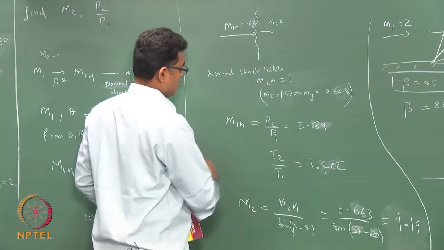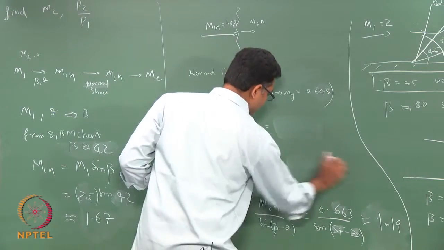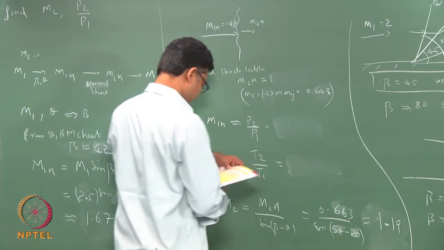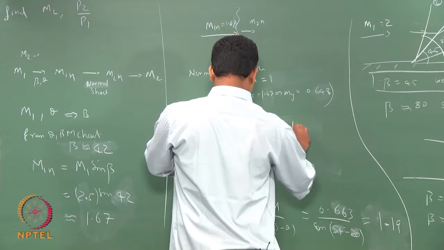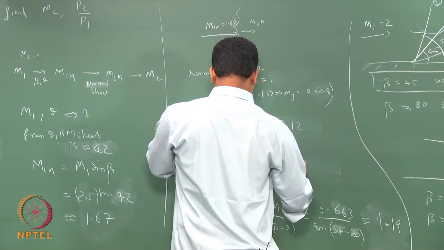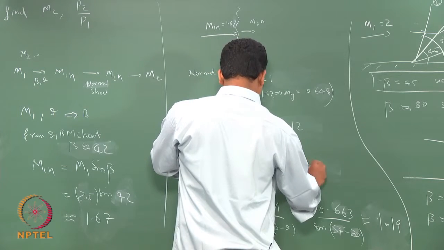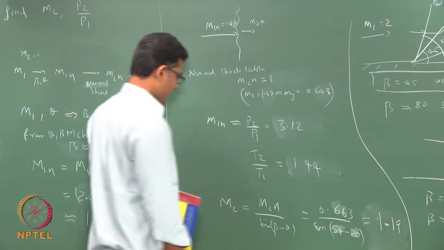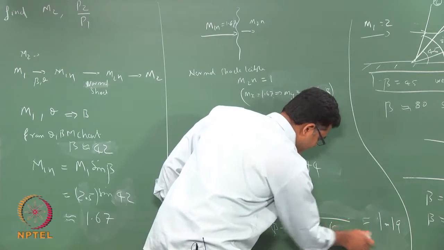Okay, so my P2 by P1 is also modified and T2 by T1 is also modified. It is something around 3.12 and T2 by T1 is 1.44. Okay. Likewise, your M2 is also modified.